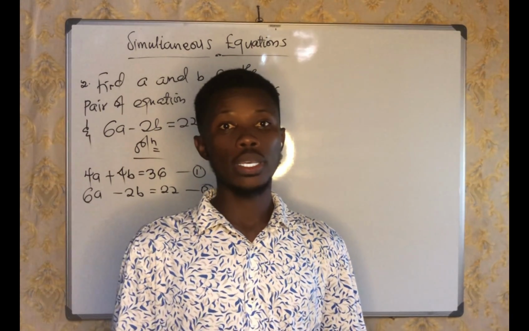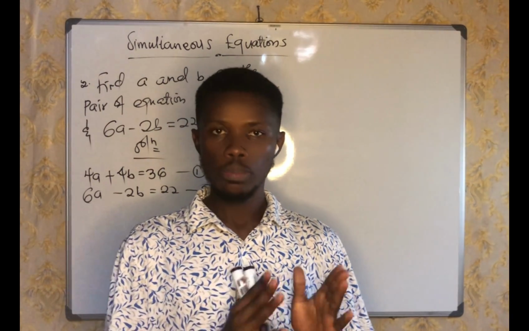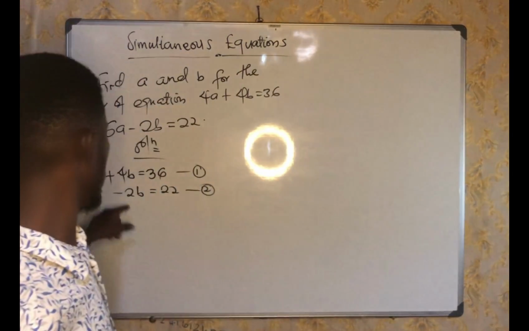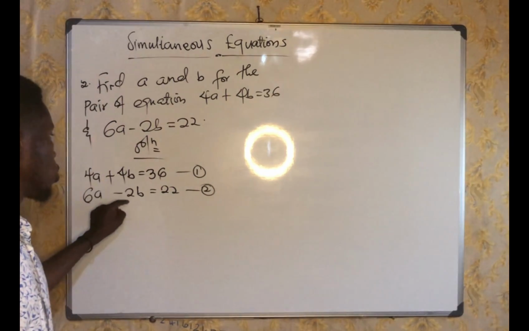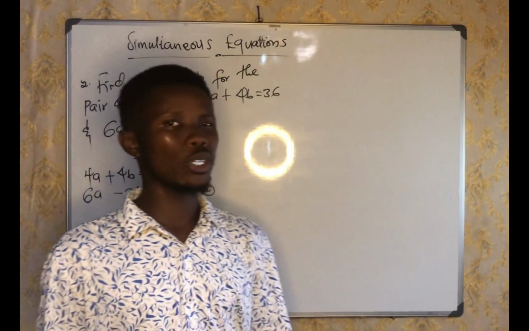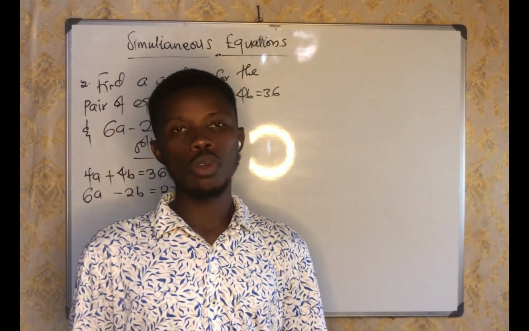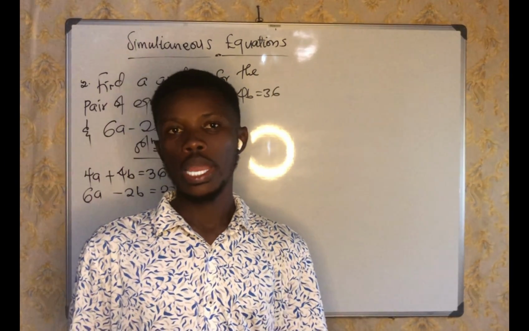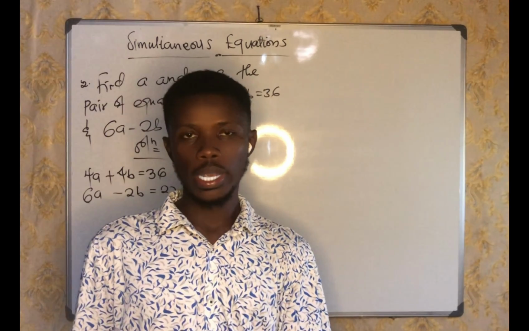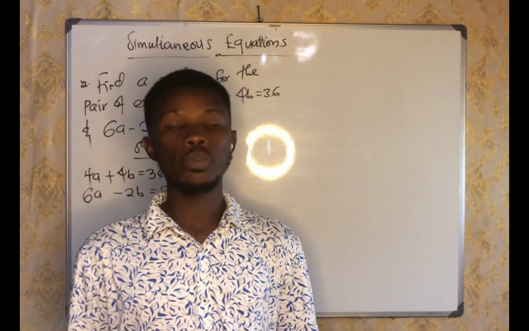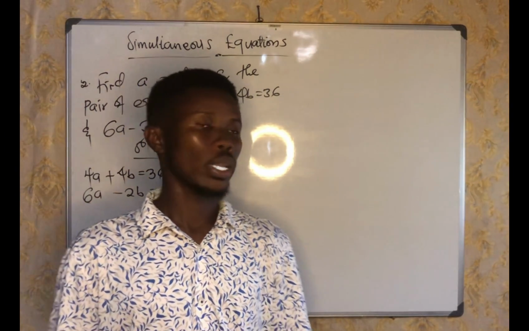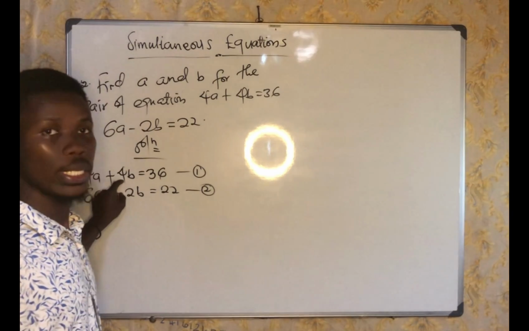But we can decide to make one of them be the same. So I want to make b be the same. Here is 4b, here is 2b. So I want to make the 2b also be what? 4b. So what do I do? I simply multiply through by a factor. Which factor is that? 2. Because if I multiply 2 by 2, I'll get 4, which will look the same as this.